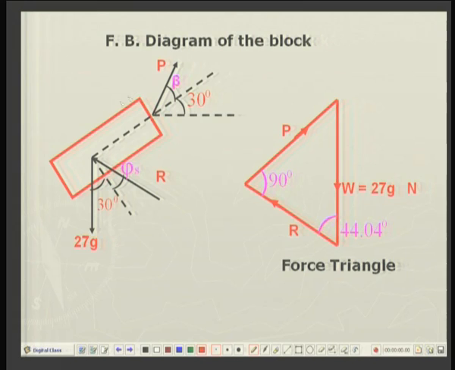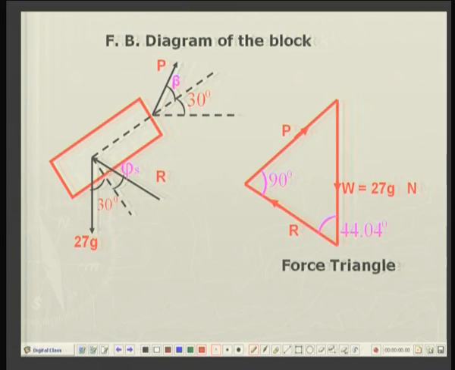Now, as we have done in the previous analysis, again we have a block, a rectangular block shown here. The weight of this block is mass times acceleration due to gravity. So, 27 g is the vertically downward force due to weight, and then there is a normal reaction and the force of friction.